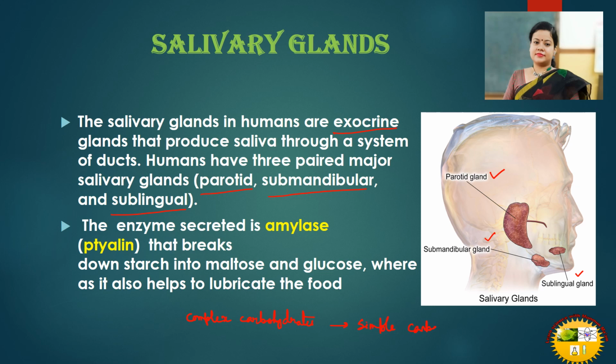That's the function of ptyalin, which is also known as salivary amylase. So this is all about the salivary glands. 3 pairs of salivary glands are there.